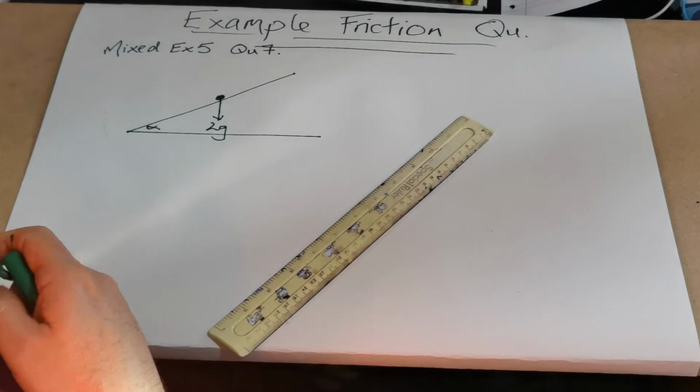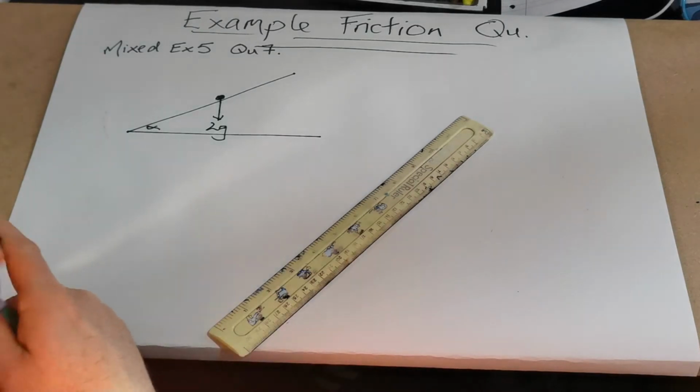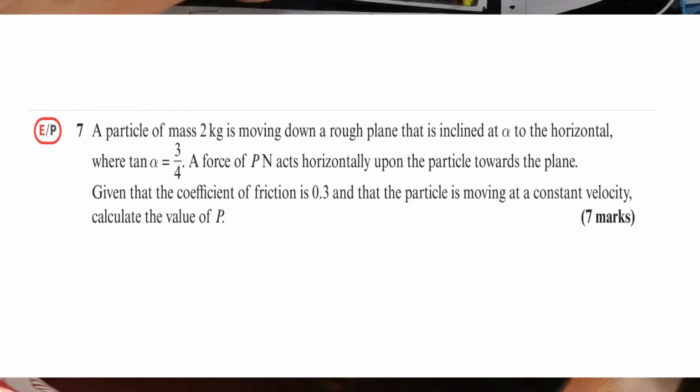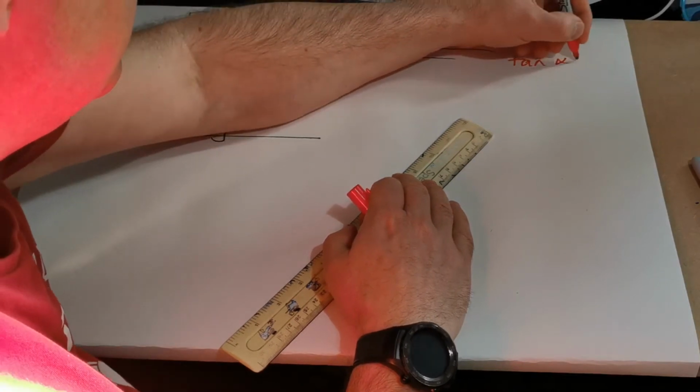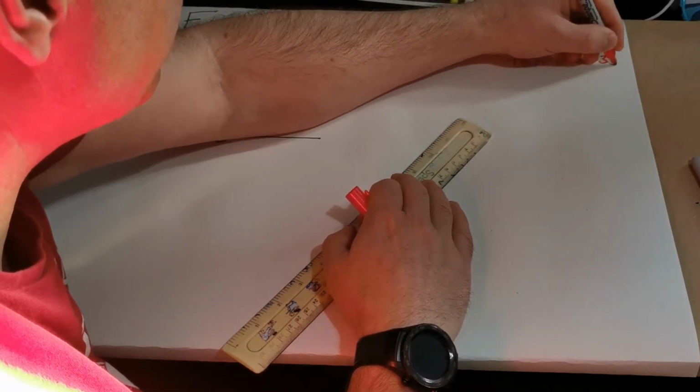So that's where I've got to so far. It says where tan alpha is 3/4. Now that's important. It says tan alpha is 3/4.